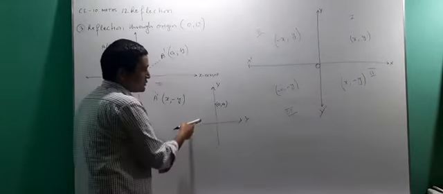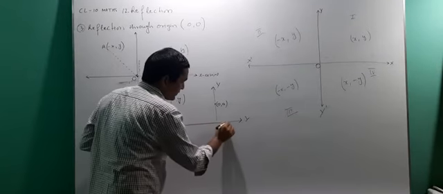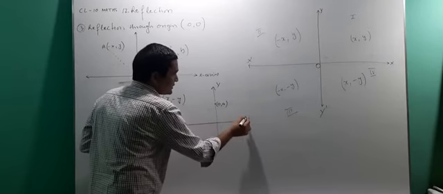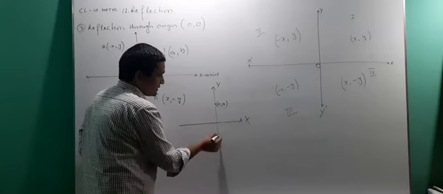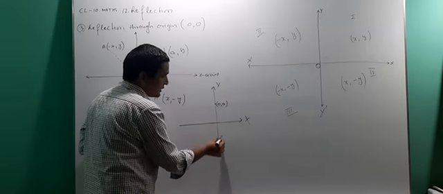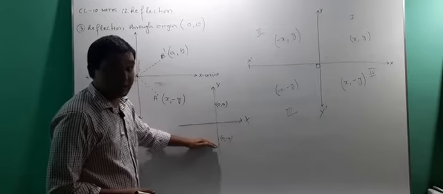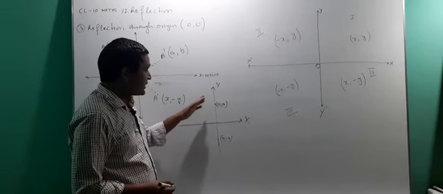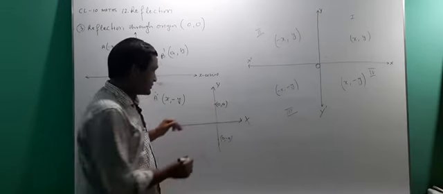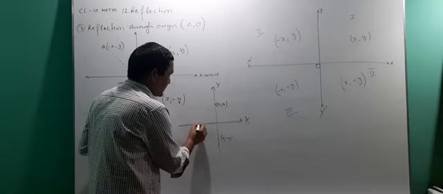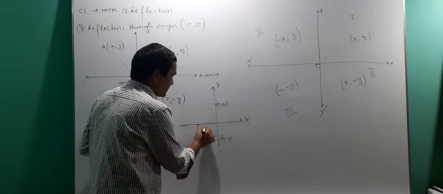But if it is reflected through the x-axis, then it goes somewhere here, and its coordinate is minus a. Then its coordinates change. Now suppose the point is on the x-axis, at minus b comma 0.